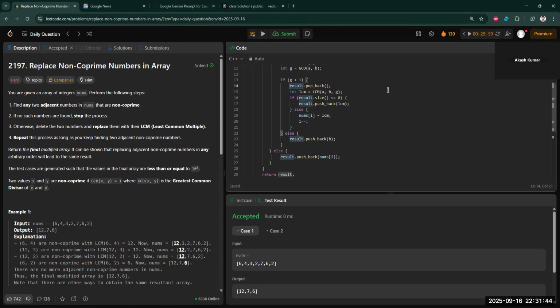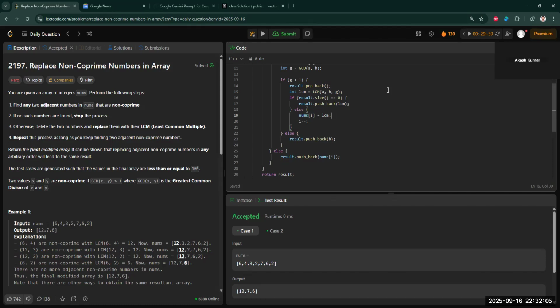For that, I update the current element of nums, the ith element, with the LCM, and I decrease i by one so that it processes the newly updated LCM value again.